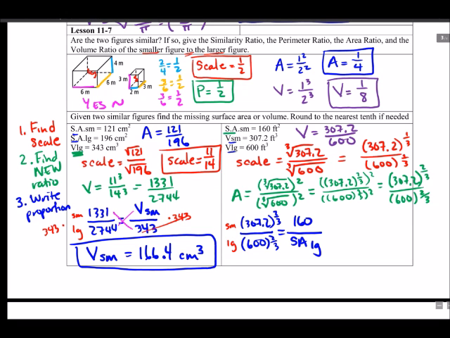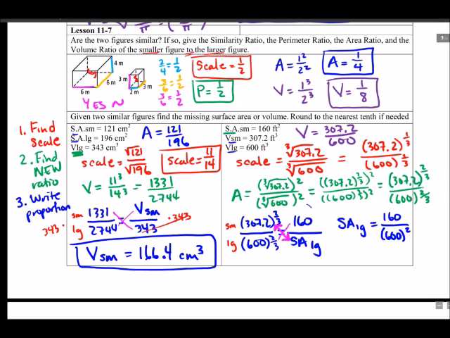And then we are simply going to cross multiply, and then opposite operations. If you remember your proportion rules, we can just switch those two and end up with surface area of the large now goes on top.